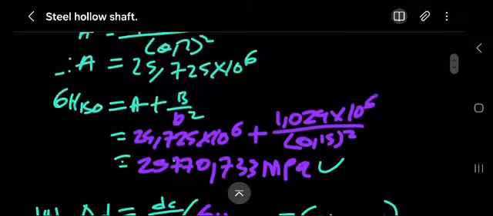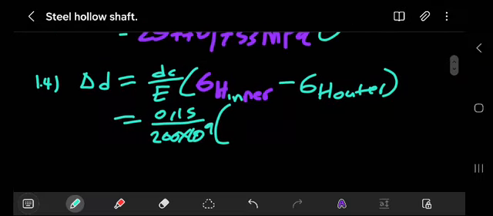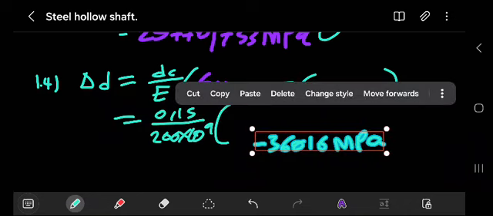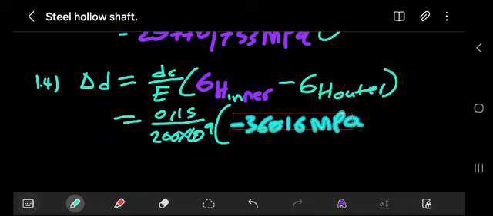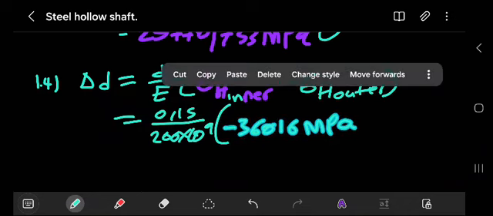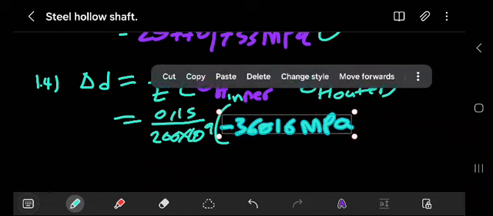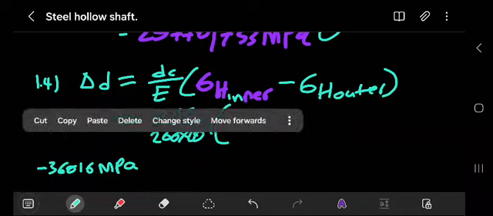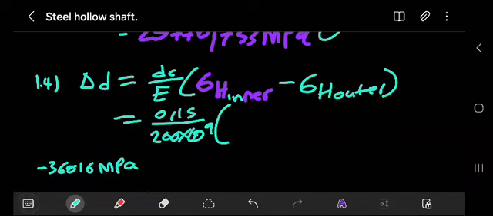So this is simply minus 3601.6 megapascal times 10 to the power of 6.